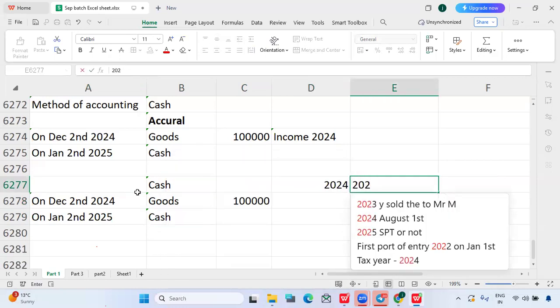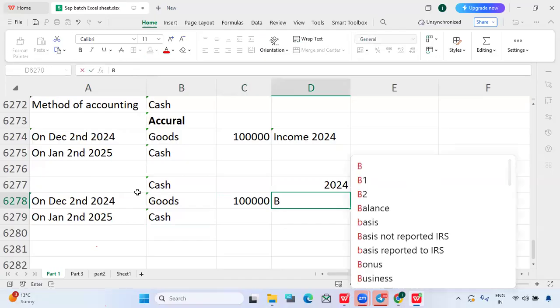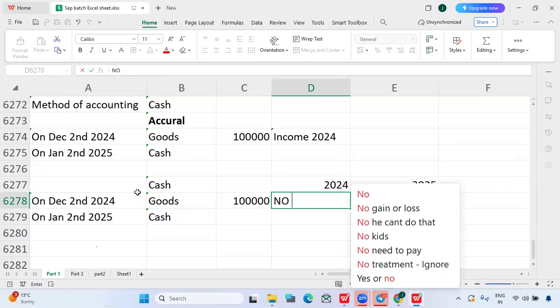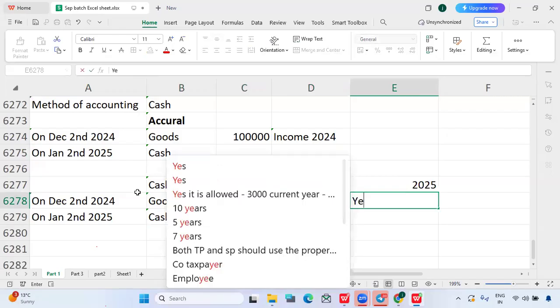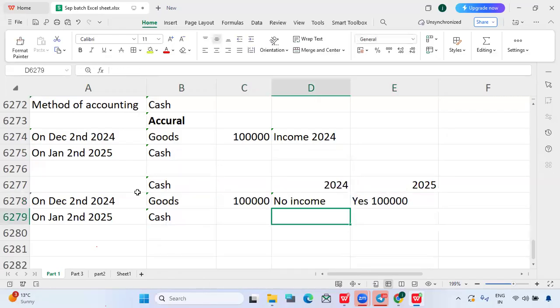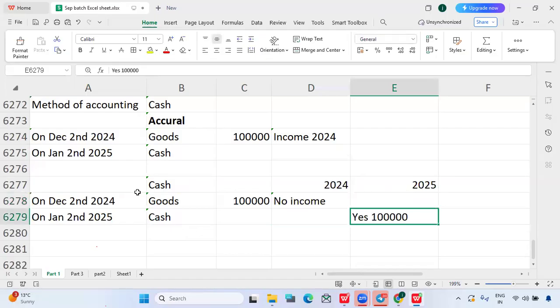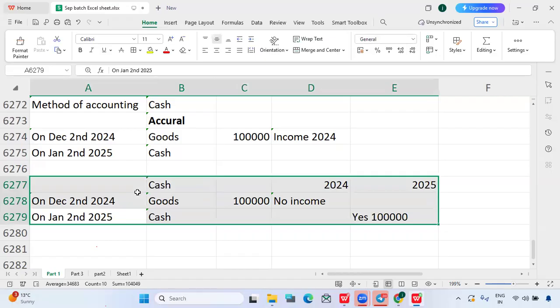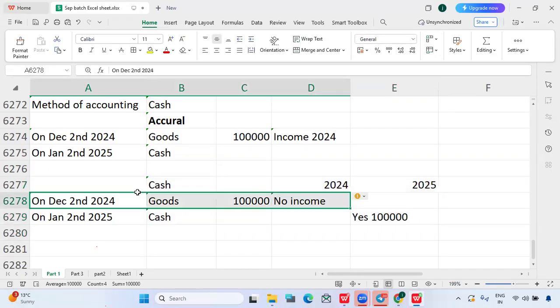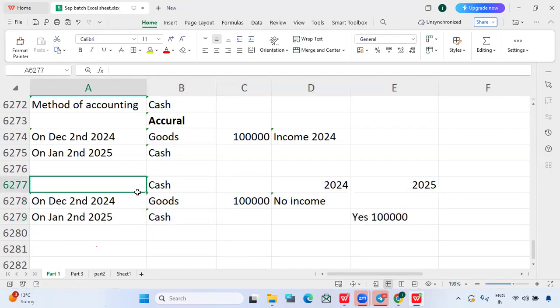In 2024, no income because we haven't received any cash. In 2025, yes, we will report $100,000 as income because we received the cash in 2025. In the cash method, we look for when we receive the cash. But in the accrual method, do we need to look for cash? No. If you do the transaction, we recognize it as income immediately, irrespective of cash. So these are two methods of accounting.